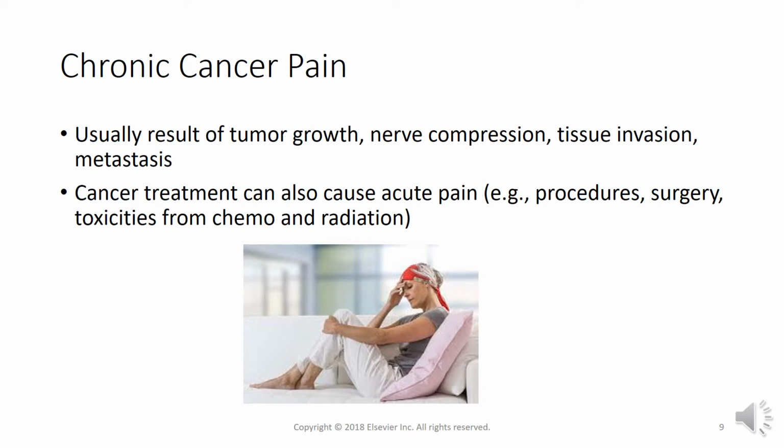And then you've got the acute pain that is induced during cancer treatment. You've got blood draws. You've got surgeries related to removal attempts of cancer. You've got the toxicities from chemotherapy and radiation treatment. Cancer patients all the way around have to deal with pain a lot.